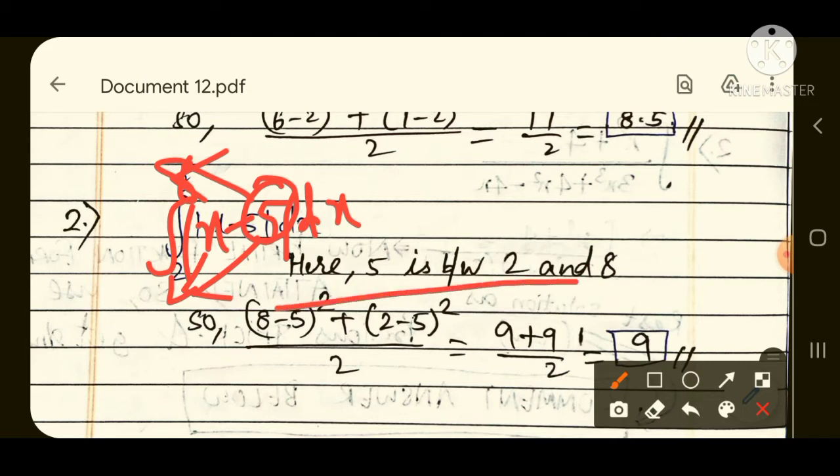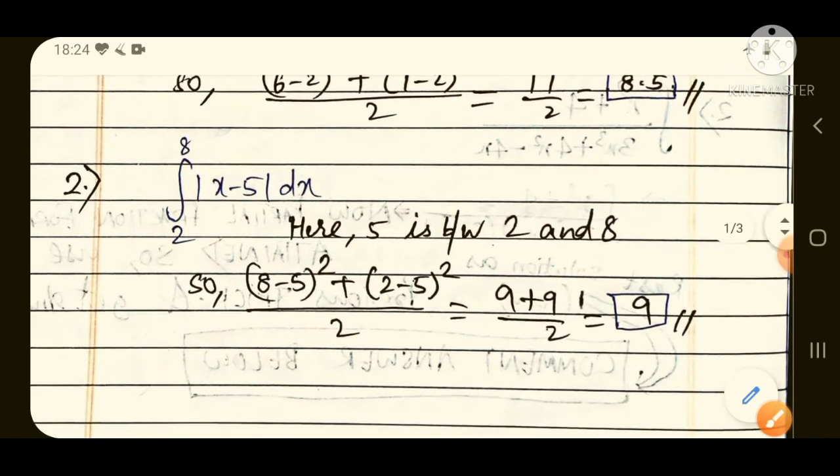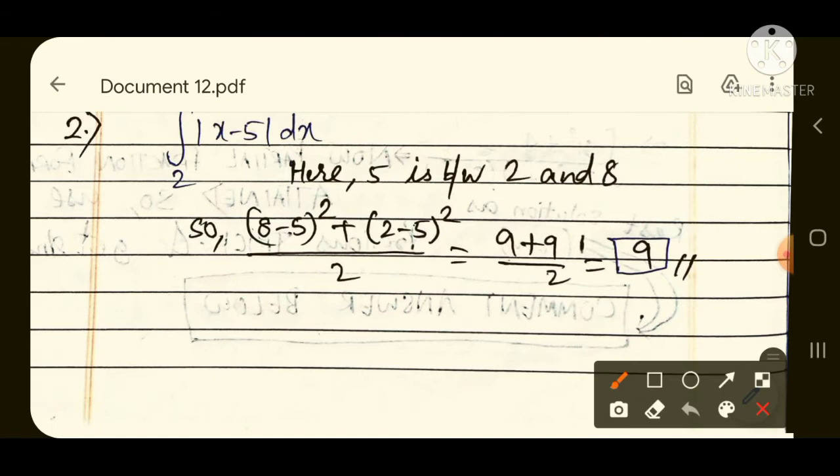The trick says that we put the upper limit in place of x and the lower limit in place of x, square them, add them and divide by 2. So accordingly we will do. Here the upper limit was 8, so we put 8 minus 5 to the whole square, plus lower limit 2 minus 5 to the whole square, divided by 2.